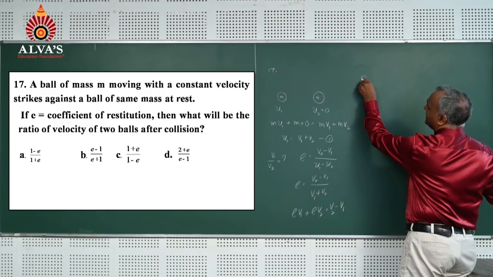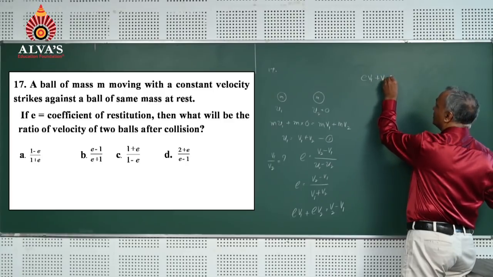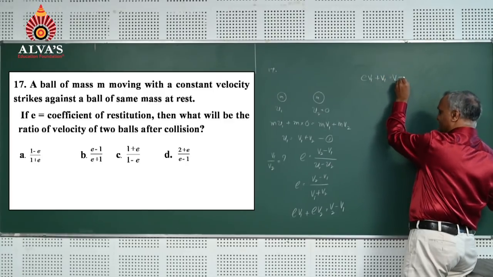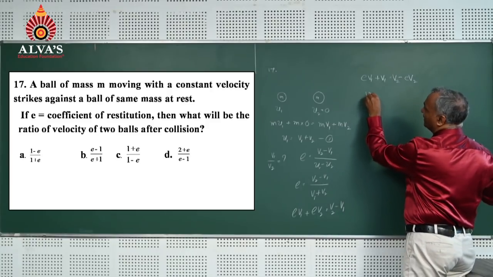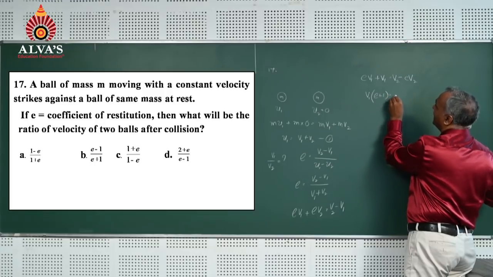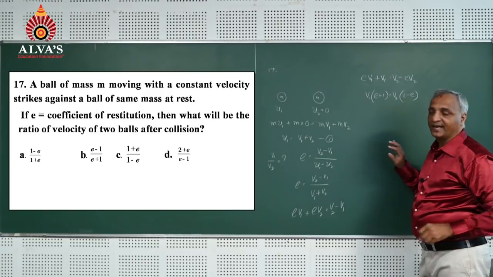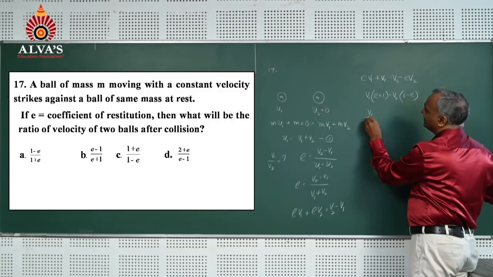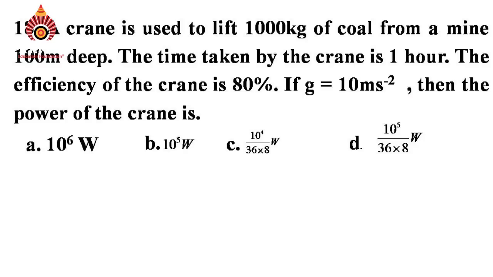So I'll get E into v1 plus v1 is equal to v2 minus E v2. So you take out v1, so I'll get (E plus 1), and you take out v2 here, (1 minus E). I want to find out what is v1 by v2, and that is nothing but (1 minus E) divided by (1 plus E). So I'm going to go for the option A.